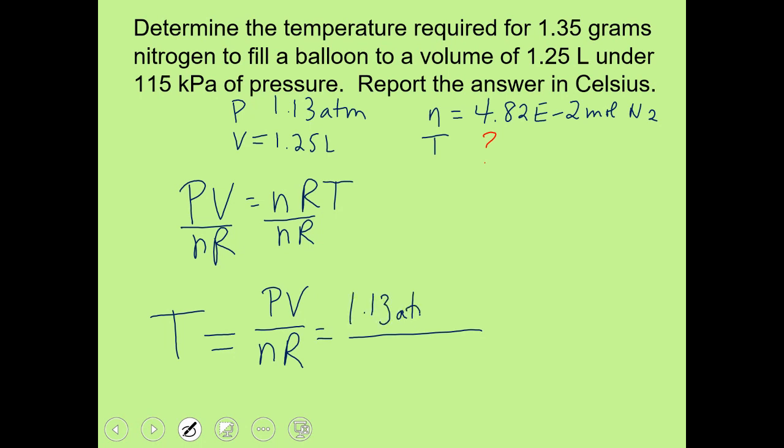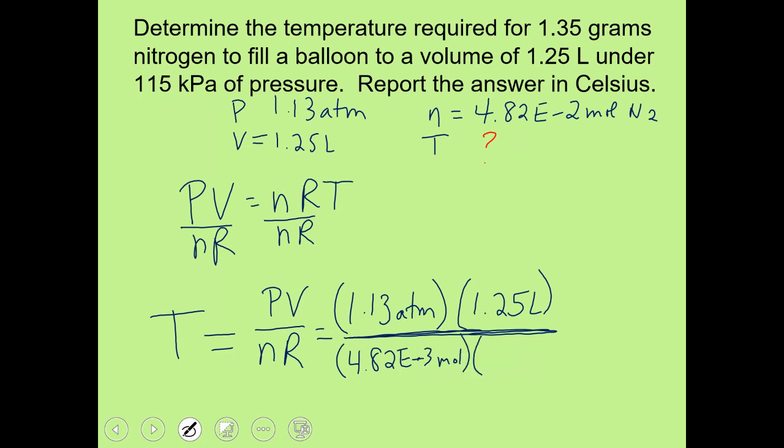We've got the pressure, we've got the volume, which was already in liters for us, so that was nice and easy. On the bottom, we've got the moles, and then the value of R, 0.082057 liter atmosphere per mole K.